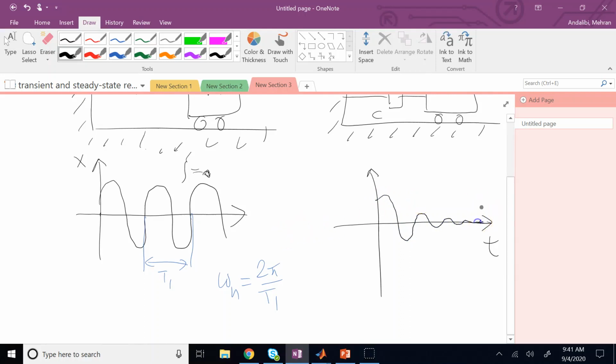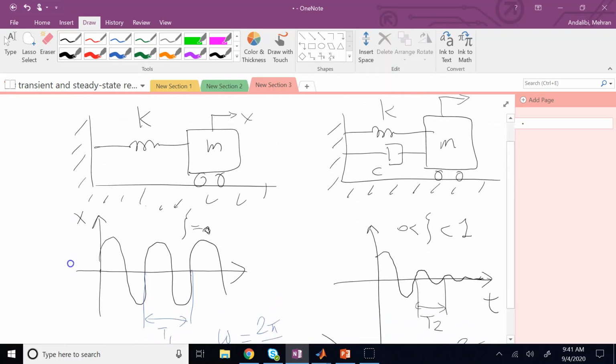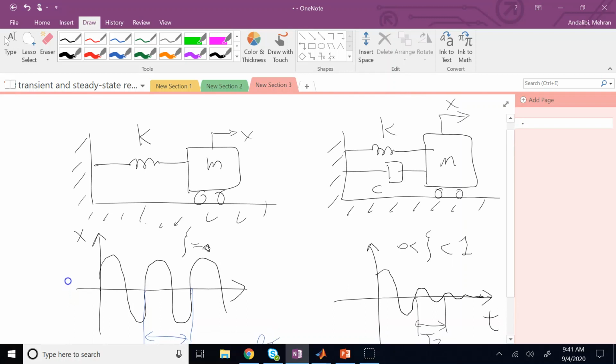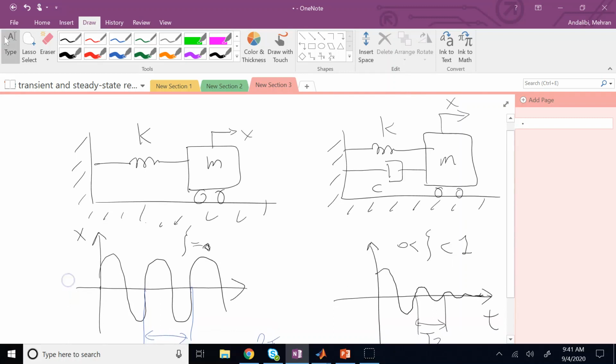And then here, the period of oscillation, if you call it T2, here you have omega d instead of omega n, which is 2 pi over T2, and here zeta is bigger than 0 but less than 1, and omega n is what? Bigger than omega d, okay? So this is the physical meaning of basically damping ratio and everything.